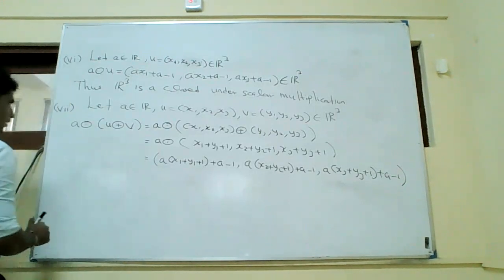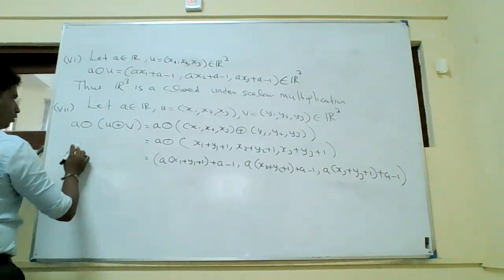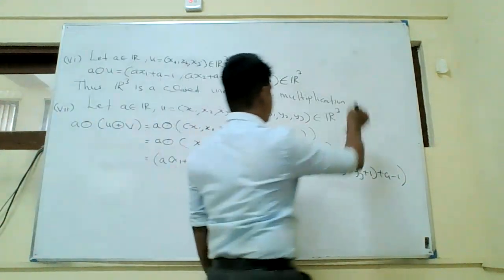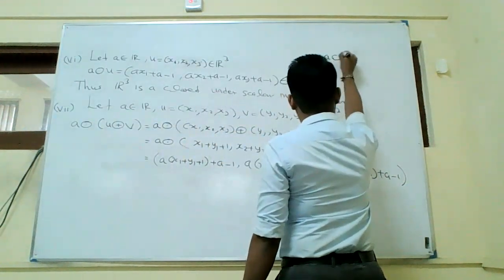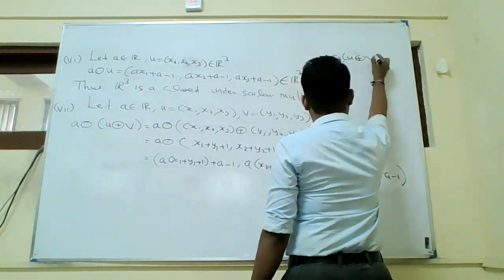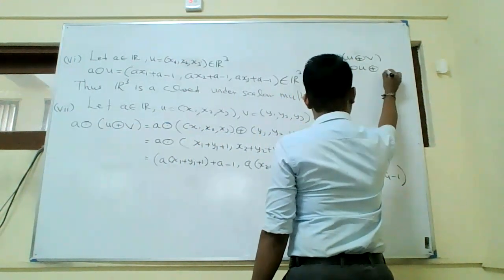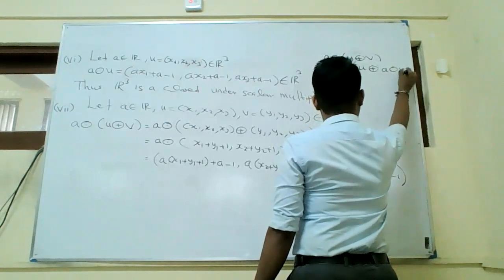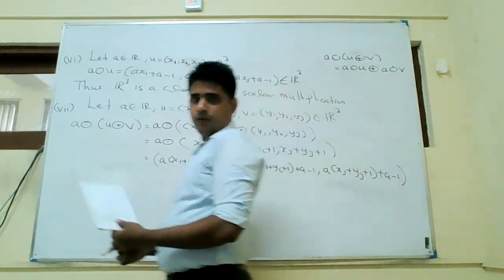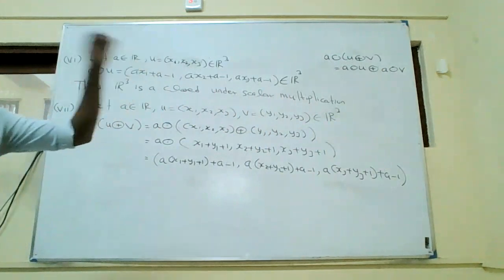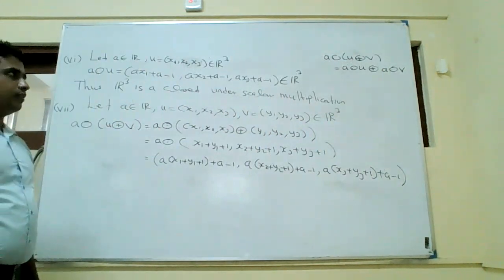So, the claim is that you want to show this one equals a·u plus b·u. This is the scalar multiplication and the vector addition.